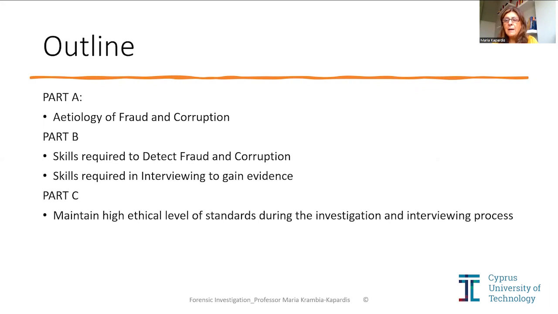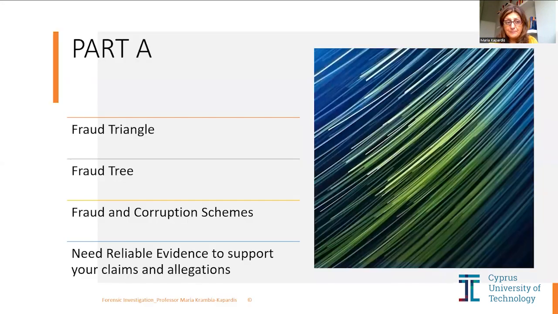It's very important, particularly in your case, to identify that evidence and protect it in order to stand up in court. You don't know when you might be needing it. And then part C, maintaining high ethical standards during your investigation and interviewing process.